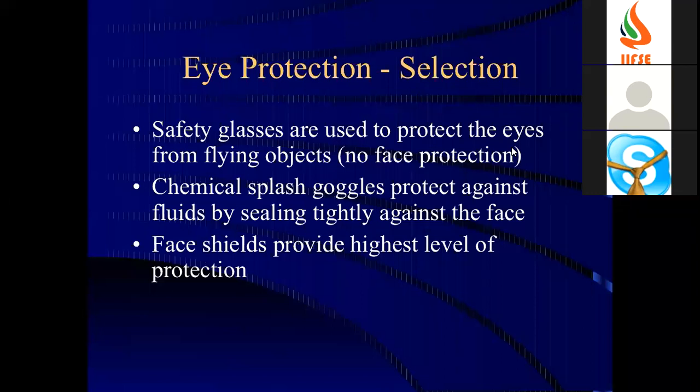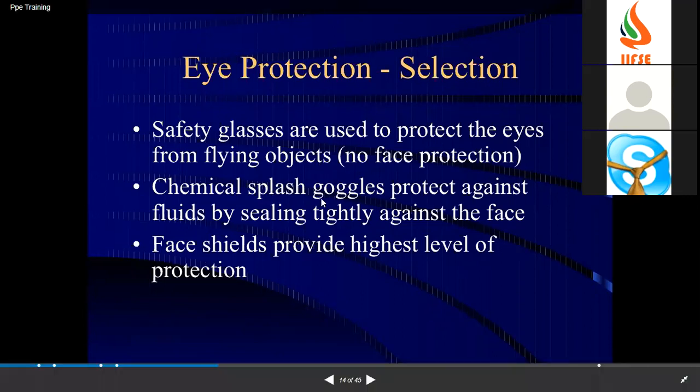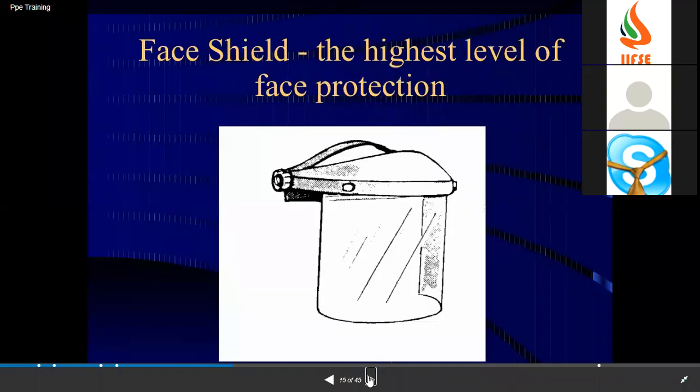For chemical splash, you have to protect against fluids. A face shield provides a high level of protection. Even after using safety glasses, if you feel the intensity of ejections is high, we have to use the face shield. This is how the face shield looks.